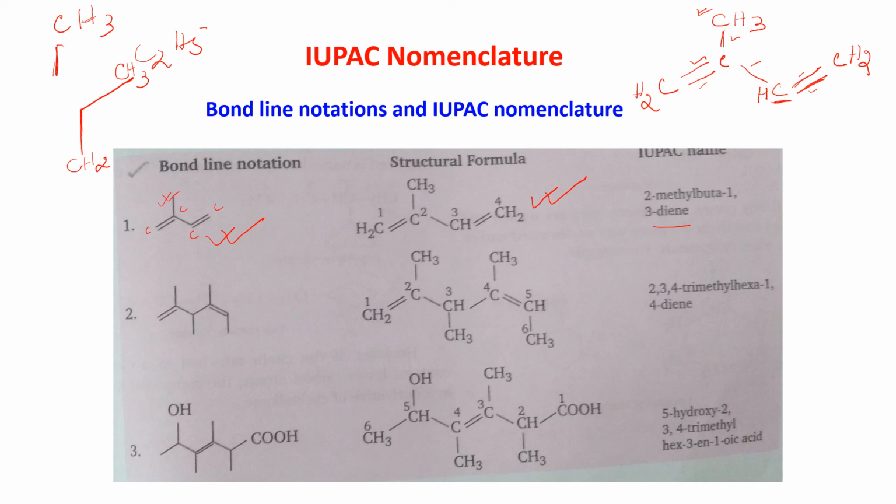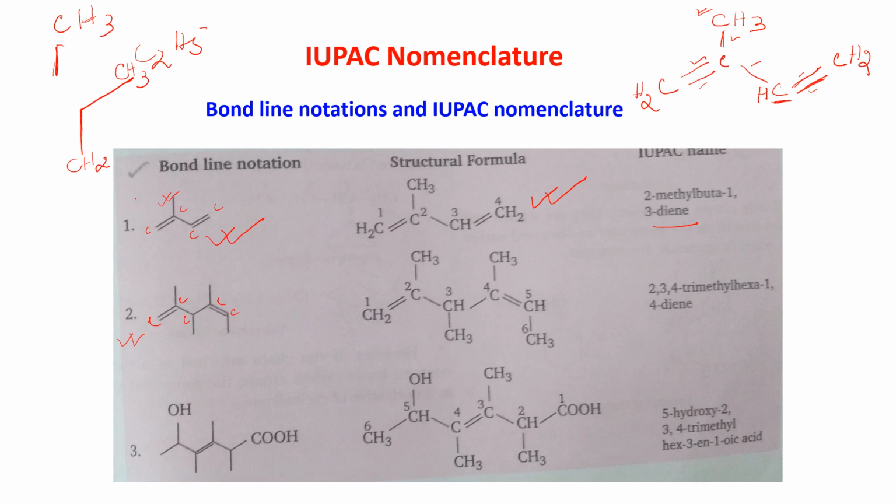2-methyl-buta-1,3-diene. Am I clear? Now see for this compound. This is carbon, this is carbon, this is carbon, this is carbon, this is carbon. So it is 1, 2, 3, 4, 5.